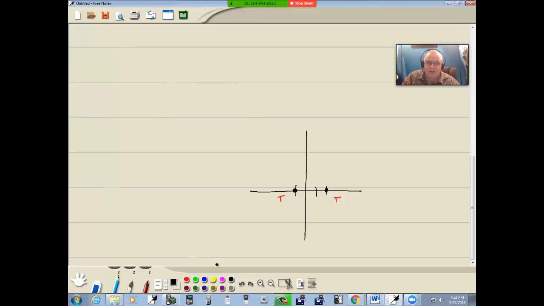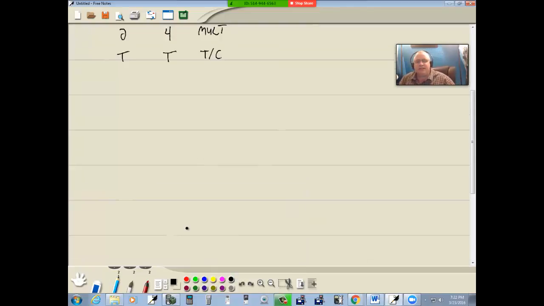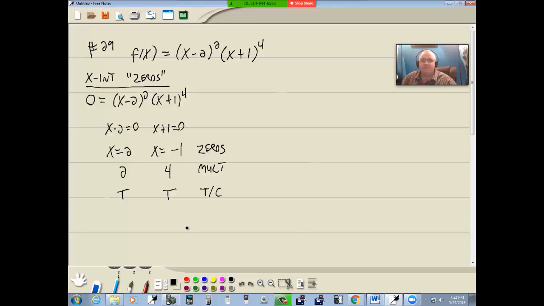Okay, now let's see how in the world would I use the leading coefficient test. Well, actually, I'll do the y-intercept first. Jumping ahead. You always plug 0 in for the other variable, so I'll plug 0 in for x. So I got y is equal to (0 minus 2) squared times (0 plus 1) to the 4th. 0 minus 2 is negative 2. Negative 2 squared is 4. 0 plus 1 is 1. 1 to the 4th power is 1.